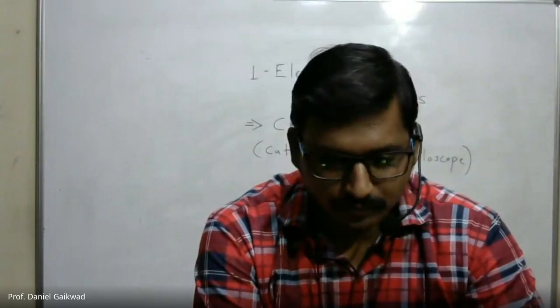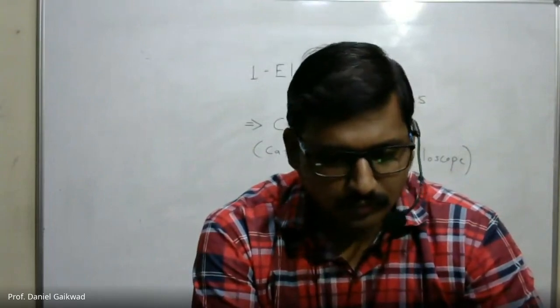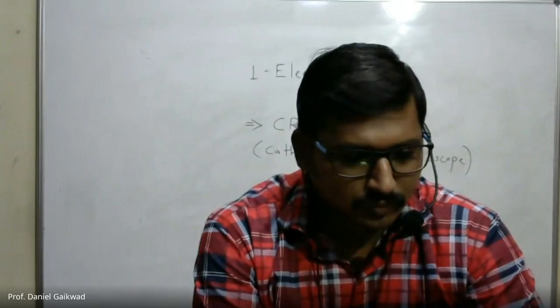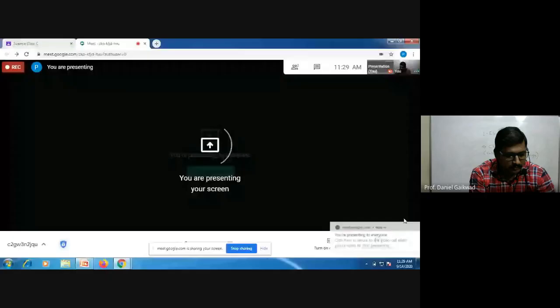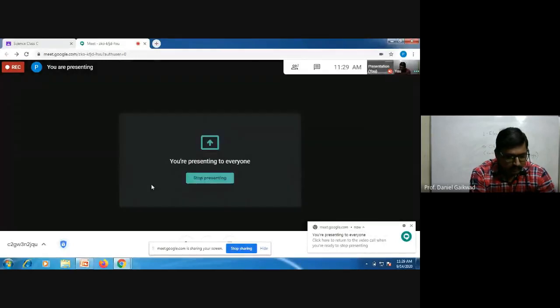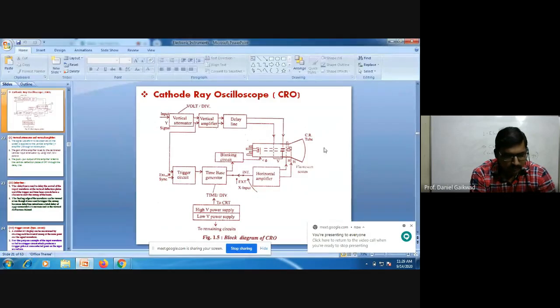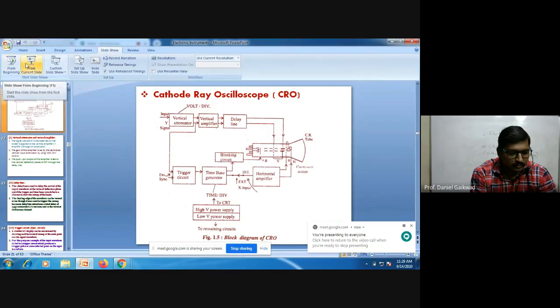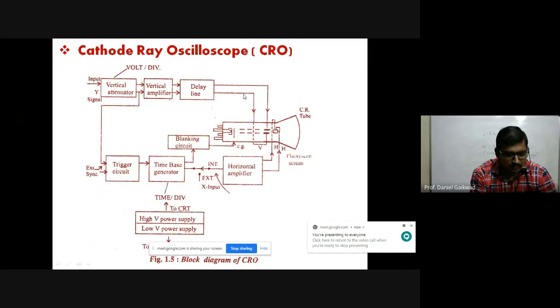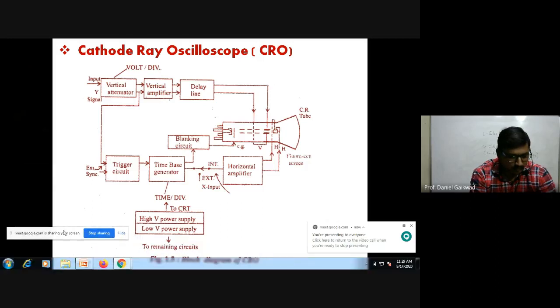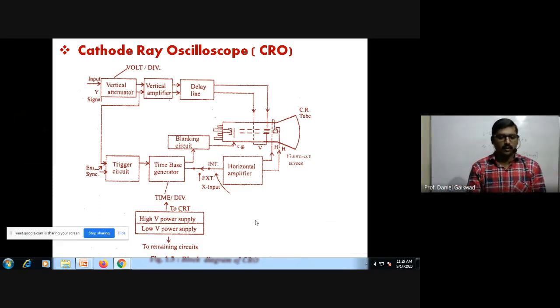Check carefully. Okay, now check carefully the block diagram of cathode ray oscilloscope.